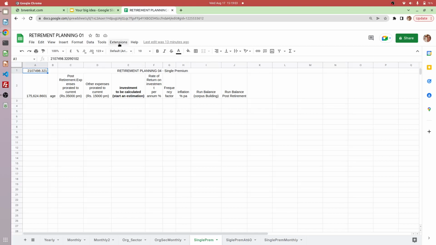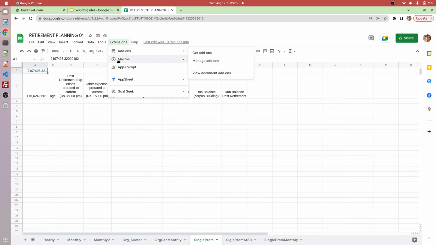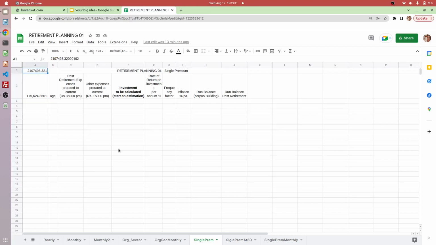That is an add-on extension for Google Sheets. There is a goal seek there. For that we have to provide a variable field, with some estimation. Let us take it as an estimated figure of 10 lakh rupees. That is, we say for 10 lakh rupees investment, what is going to happen? And then we will find exactly what is the match for this.